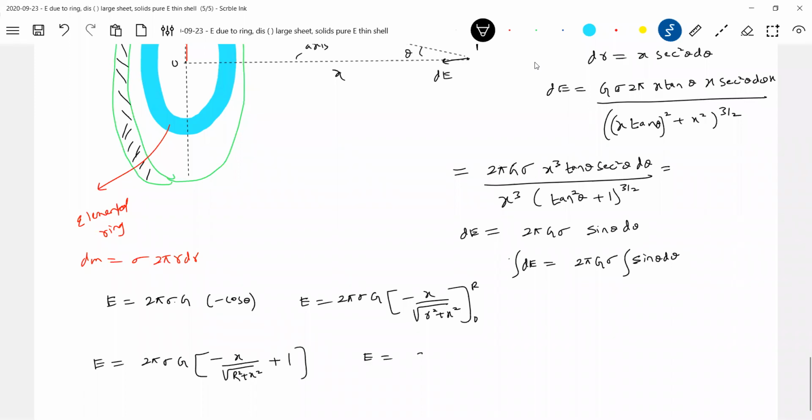So then everything will be 2 pi sigma g, 1 minus, this is the answer.